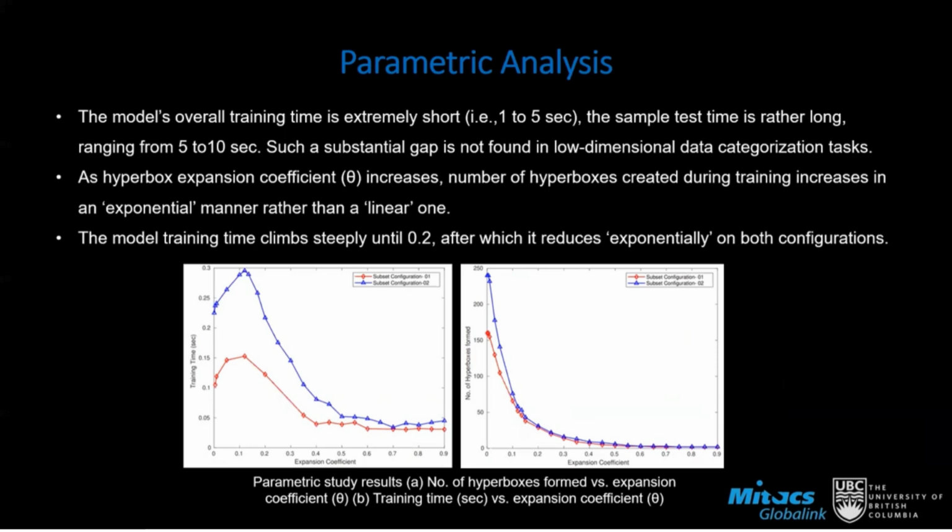This contrast is not typically observed in low-dimensional classification tasks. Additionally, as theta increases, the number of hyperboxes created grows exponentially, not linearly. Training time increases sharply until theta reaches 0.2, after which it decreases exponentially for both configurations.